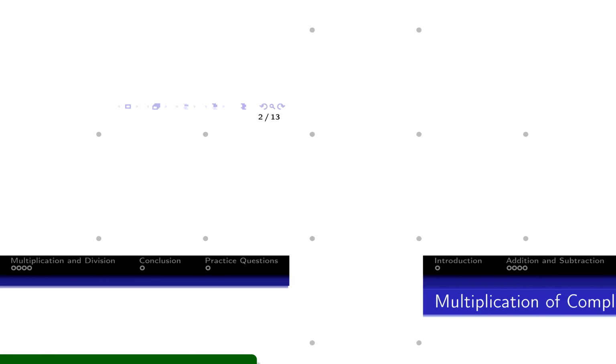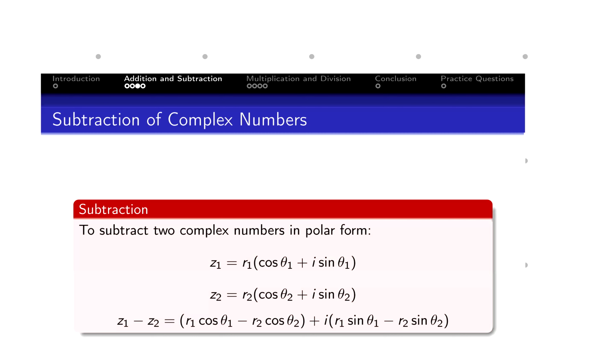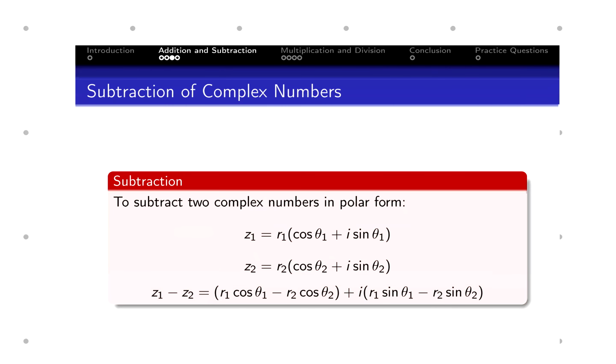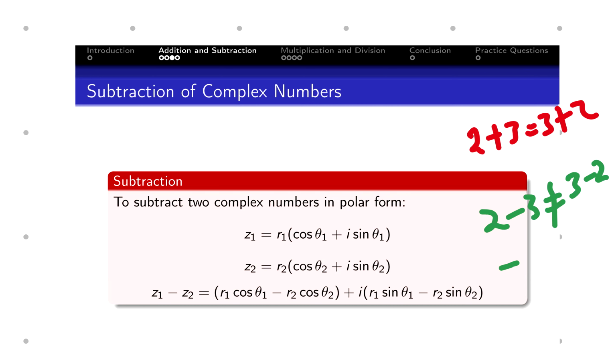As you already know, the idea of subtraction is pretty similar to the idea of addition, except that while addition is commutative, that is 2 plus 3 is equal to 3 plus 2, subtraction is not commutative, because 2 minus 3 is never equal to 3 minus 2, because this is minus 1 while this is 1. But here it's 5 equals 5, like that. Okay, so that's the only difference. But then the rule is basically the same.